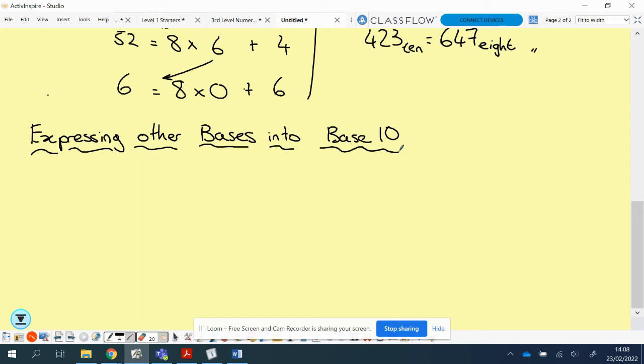Alright, so again, we're going to start off just with an example. Example 3: express 1234 in base 7 in base 10.